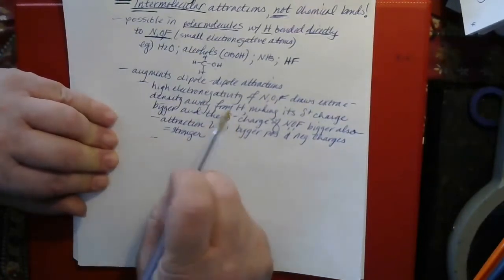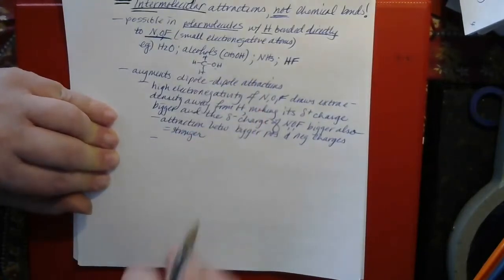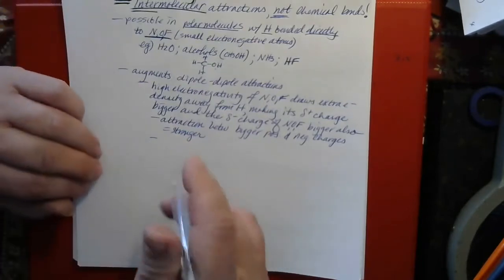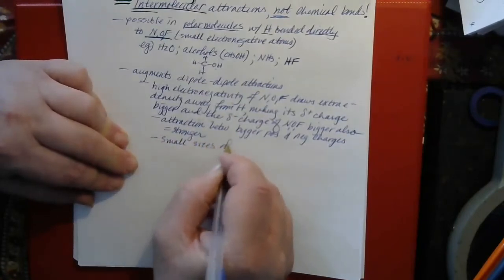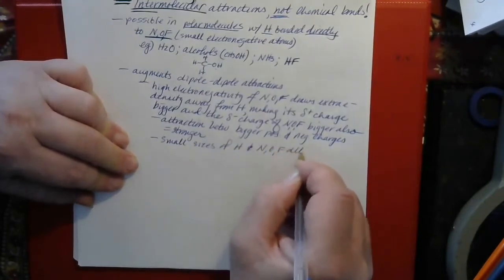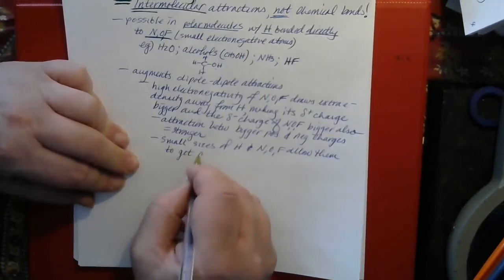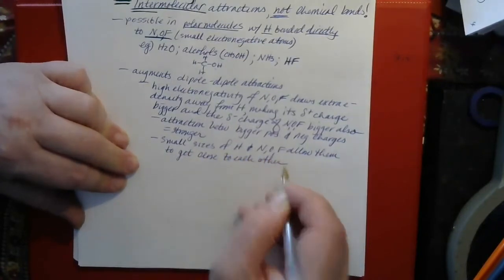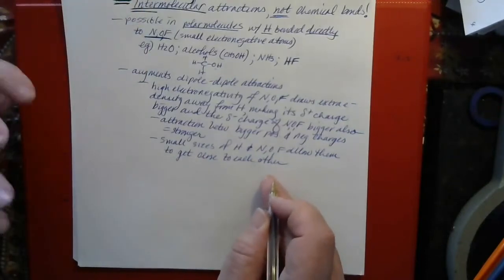Also, because hydrogen is small and nitrogen, oxygen, and fluorine are small, as well as very electronegative, their smallness allows them to get close to each other. And that, again, getting close increases the strength of the attraction.